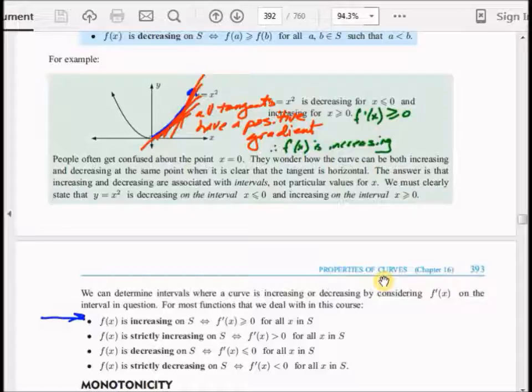Similarly, over here, when we look at this, this is decreasing. If we think about the tangents, every single one of these tangent lines has a negative slope. All tangents have a negative slope, negative gradient.